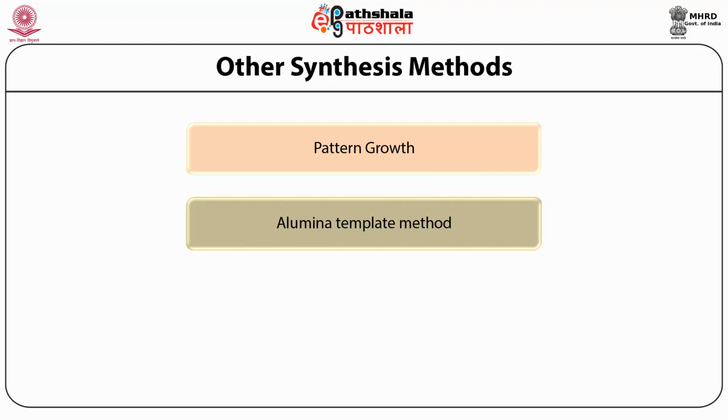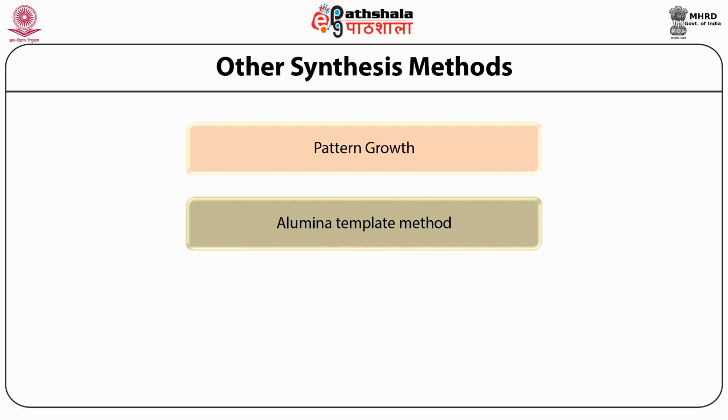So depending on the diameter of nanotube you need, one can buy this alumina template from the market. However, it is possible to grow this alumina template in your laboratory too. This is out of scope of this particular lecture. However, those who are interested can read the research papers on growing alumina templates.